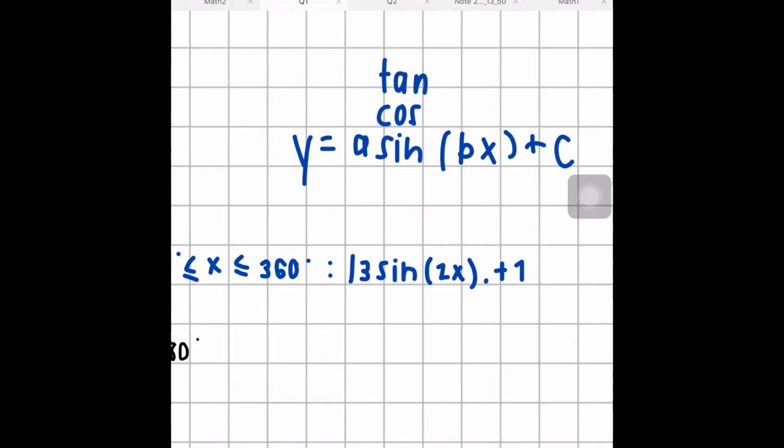First, we have to classify a, b, c of the equation. For this equation, 3 is a, 2 is b, and 1 is c.